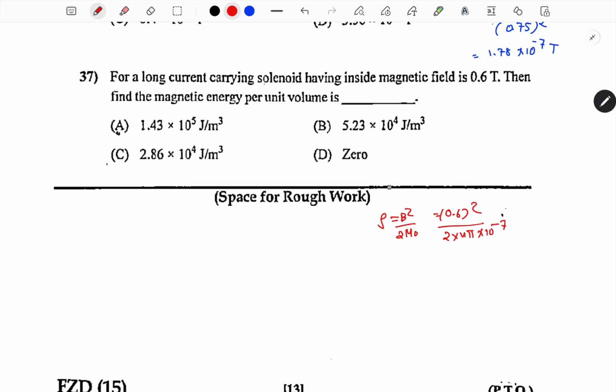On solving this, the answer is equal to 1.4 into 10 to the power 5, and it is energy density, so joule per meter cube.